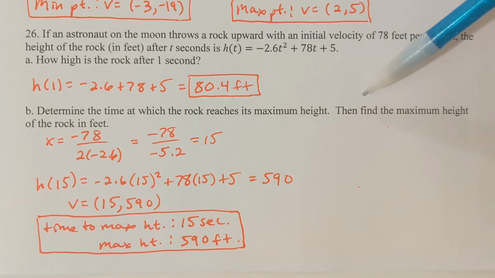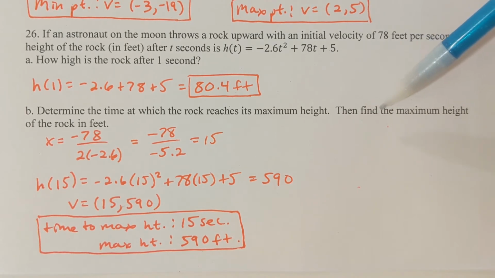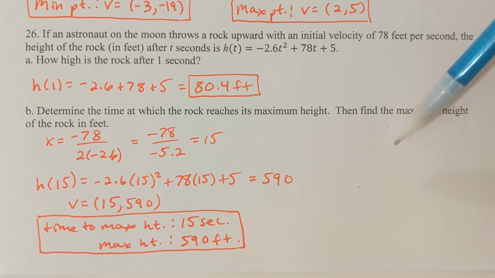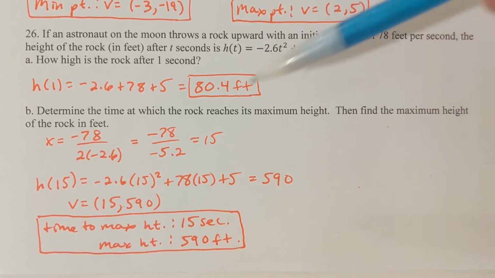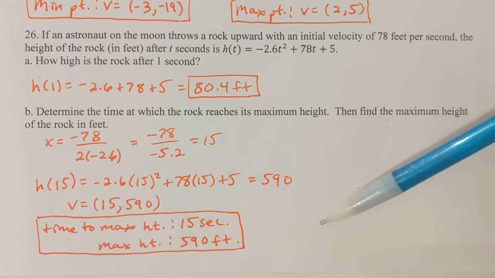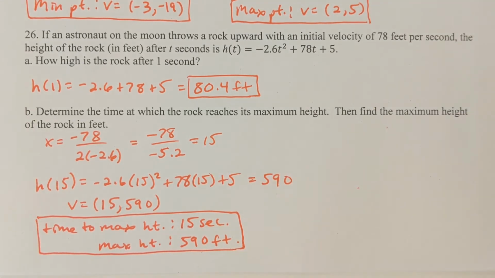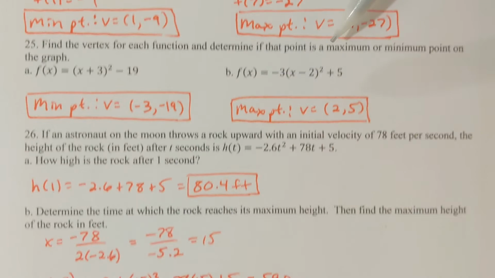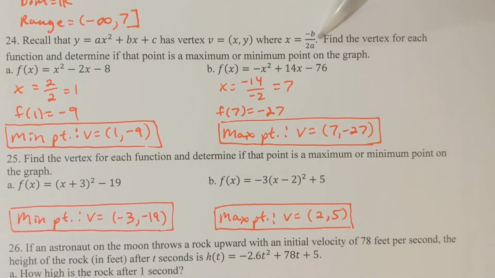We want to find the maximum height of the rock. Well, the maximum point on this parabola would be the vertex. So to me, this is just an exercise in finding V. All we need to do is find V, and we're practically done at that point. Let's do that now. Okay, so we're in standard form here, right? So we need to find the point -b over 2a for x.